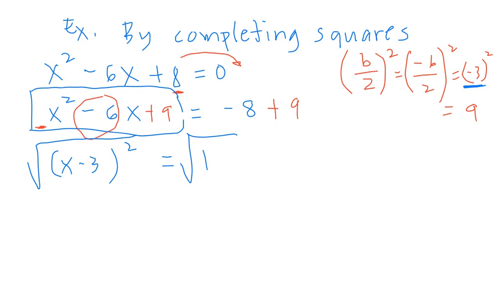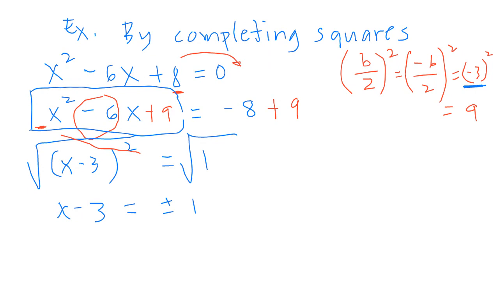So this square root symbol and the power of 2 cancel out. So what's left would be x minus 3. And then taking the square root of 1, you have two possible answers. If you remember the square root property, that should be plus and minus, right? Plus and minus 1.